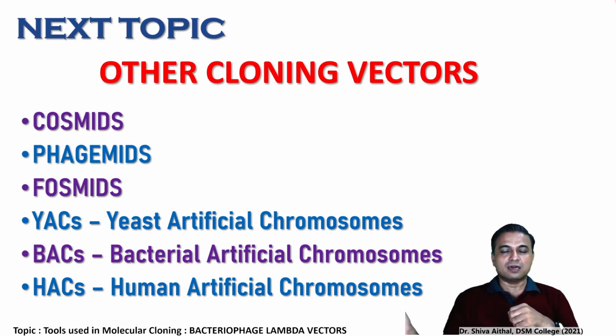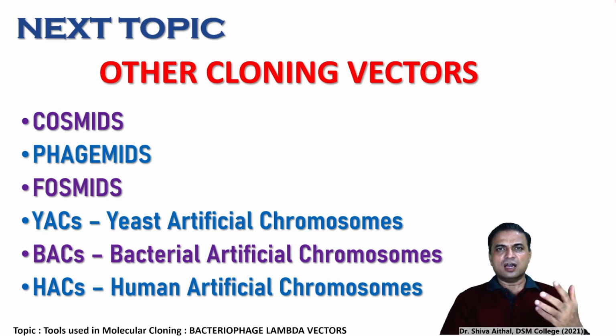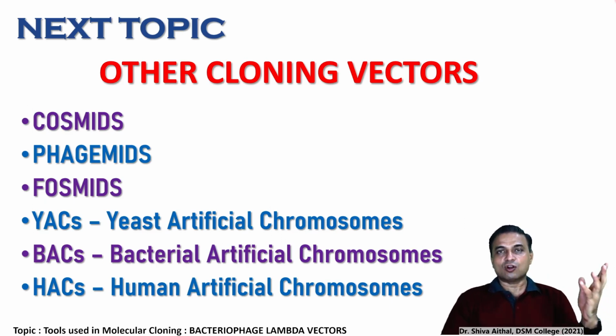You are having products like insulin which is derived from recombinant DNA technology, the BT cotton, it may be BT brinjal, it may be golden rice, it may be artificial vaccines, recombinant DNA vaccines which are being produced, and we are observing history today in the time where we have developed a vaccine within 1 year for coronavirus, which is remarkable, and these recombinant DNA technologies have helped us like anything.